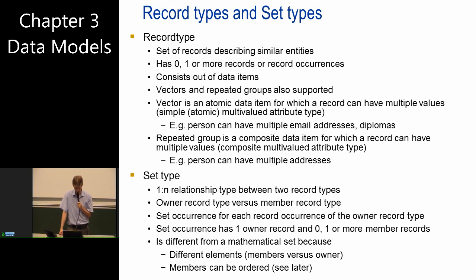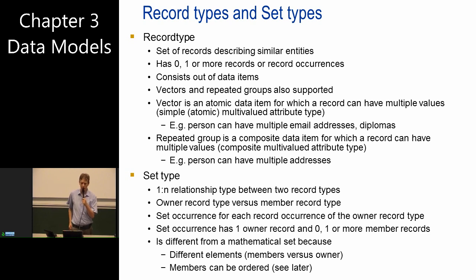And then we have a set occurrence for each record occurrence of the owner record type together with all the members. That could be 0, 1, or more member records. In a moment, we're going to give you some examples for that. So you can have, for example, a set type between department and employee, and then you have a set occurrence for every department, marketing, HR, logistics, together with all the members, all the employees that work in that particular department.